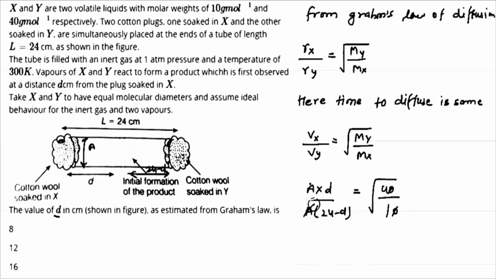The cross sectional areas A cancel out, so d upon 24 minus d equals 2.